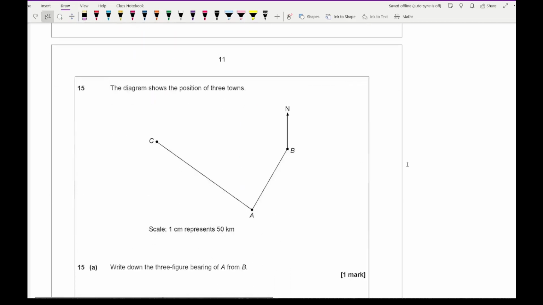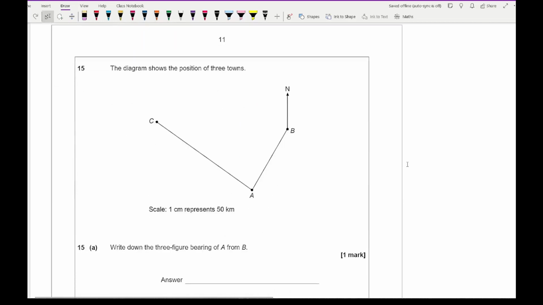Then moving on to question 15, it says the diagram shows the position of 3 towns. It says write down the 3-figure bearing of A from B. So we're starting here, and what we want to do is measure this angle here. Now, if you've got a protractor, obviously it's going to be very difficult for you to measure what this angle is. And let me just make sure that we can see the letter B, but this is the angle that we need to measure.